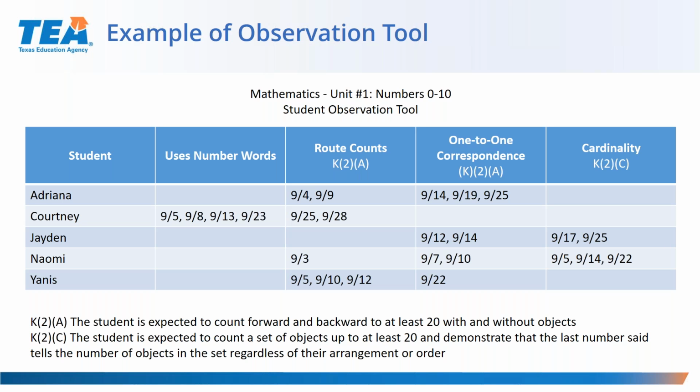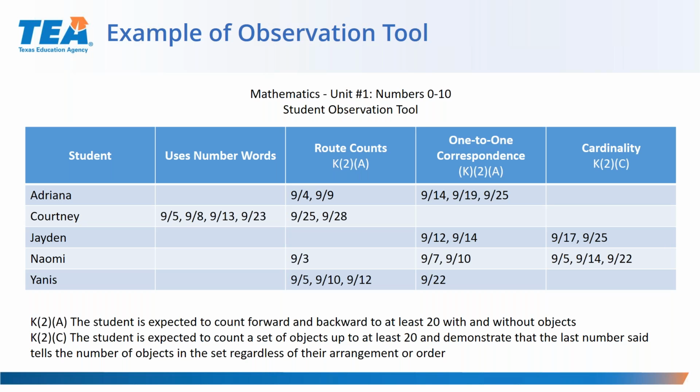And this tool allows teachers to observe those math skills that are pretty straightforward, that maybe don't warrant writing out a whole observation note, because using number words or rote counting really looks one way. So there's no need to write something out in sentence form, but we want to provide teachers a way to document when they notice students demonstrating those skills.